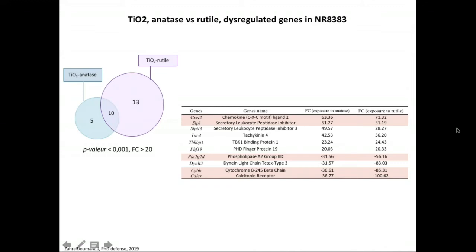For the presentation, we decided to take just a fold change higher than 20. It gave us only a small amount of genes. We keep here all the 10 common genes, and you can see that we have mainly chemokines and genes involved in the inflammatory answer of the cells.